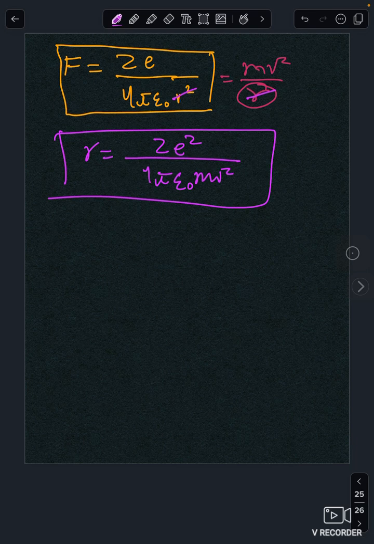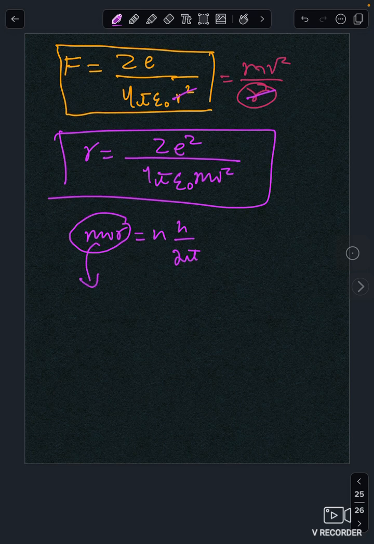Also, from Bohr's assumption, the quantization rule, the angular momentum mvr equals nh over 2 pi.